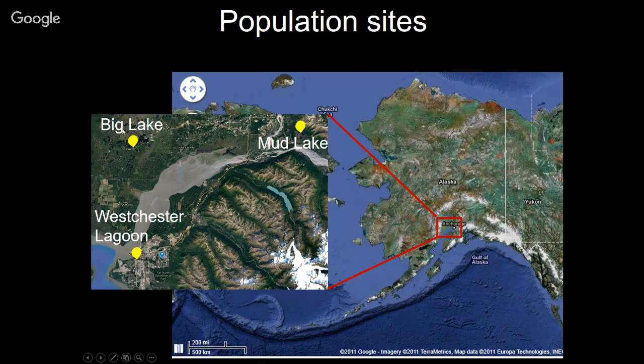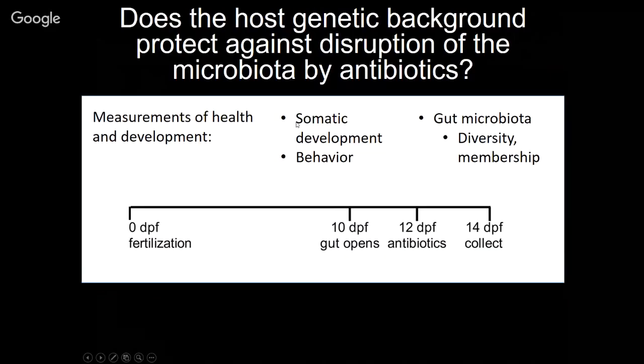Big Lake is a freshwater population, and Westchester Lagoon has both anadromous and freshwater populations. But in this particular experiment, we focused on the freshwater fish in Westchester Lagoon. So we did a short-term exposure to 2 freshwater populations and 1 anadromous population.